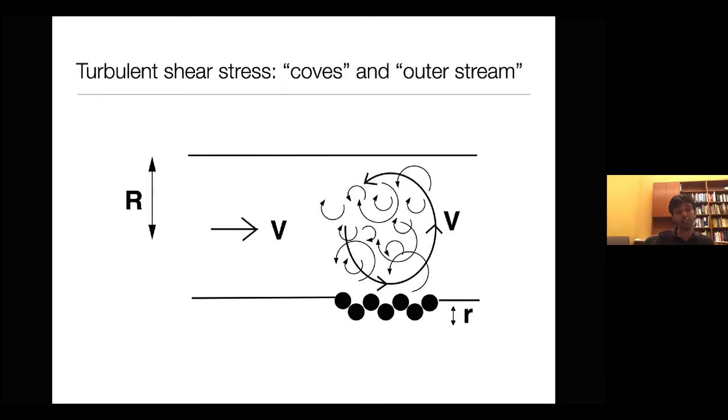So the first level of simplification that I'll introduce is that all of this complicated turbulence that's going on in the pipe, I'm going to describe it using the Kolmogorov ideas that I just described. So the mean velocity of the flow is capital V, and that's creating conditions for this turbulent energy cascade, whose large velocity scales with capital V, and its size scales with capital R. So that's the turbulence that I'll consider.